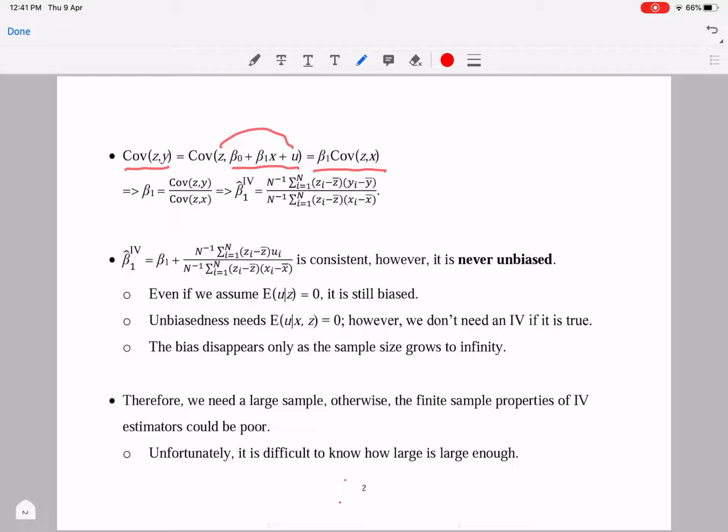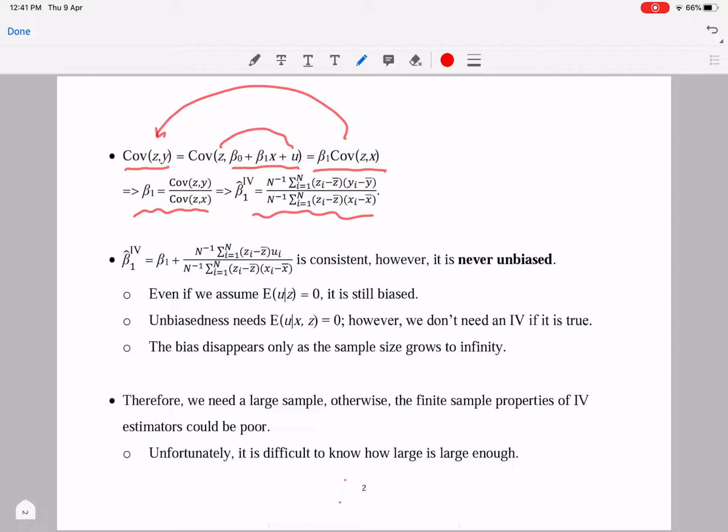Because the covariance of z and x is not 0, the relevance condition, we can move that to the left-hand side here. And therefore, we know beta 1 equals covariance zy over covariance zx. And by the method of moments or analog principle, we can use simple sample covariances to obtain a consistent estimate here, right? And that's the IV estimator we have.